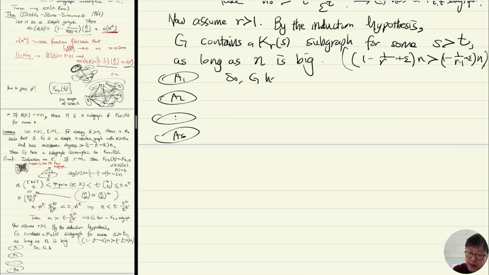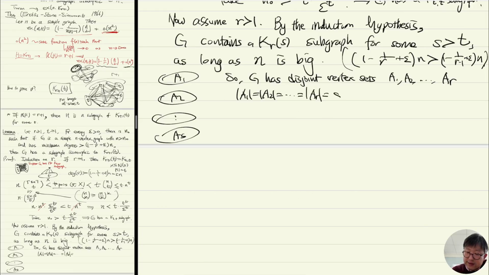So G has disjoint vertex sets A1, A2, ..., AR, each of them has size exactly S, and between them it's complete.